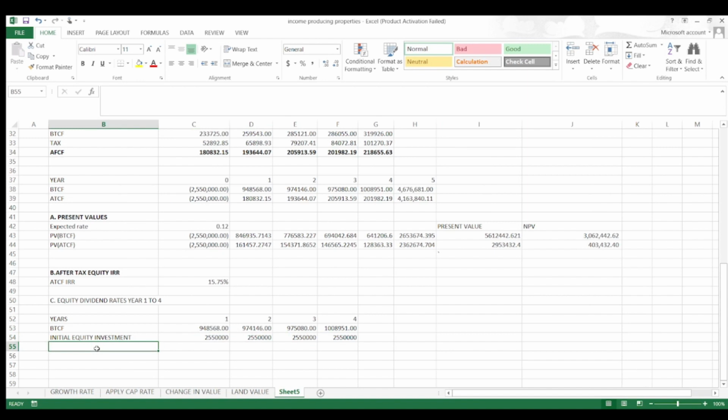So with this, we can calculate the equity dividend rate for each year, which will be simply the before tax cash flow divided by the equity investment.